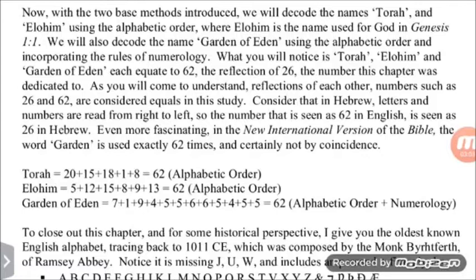Even more fascinating, in the New International Versions of the Bible, the word garden is used exactly 62 times, and certainly not by coincidence. Torah equals 62, alphabetic order. Elohim equals 62, alphabetic order. Garden of Eden equals 62, alphabetic order plus numerology.